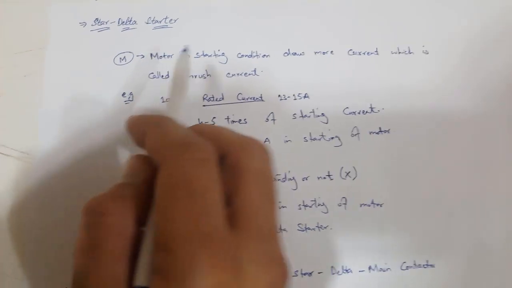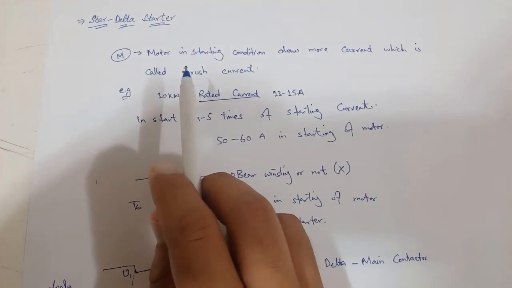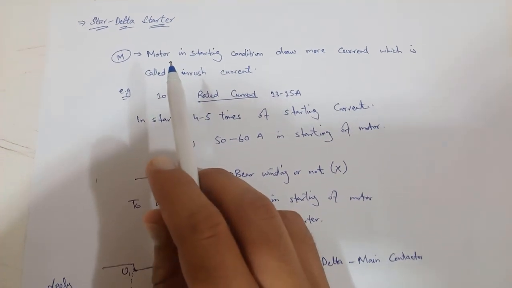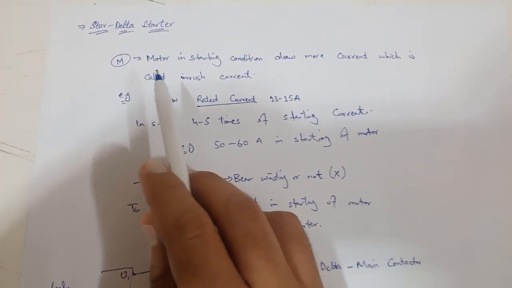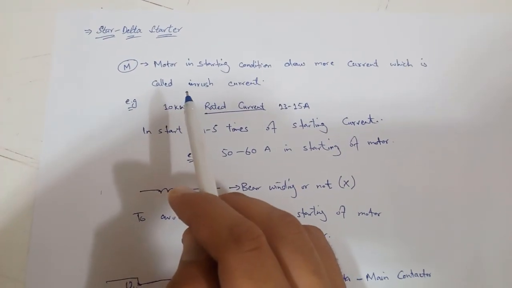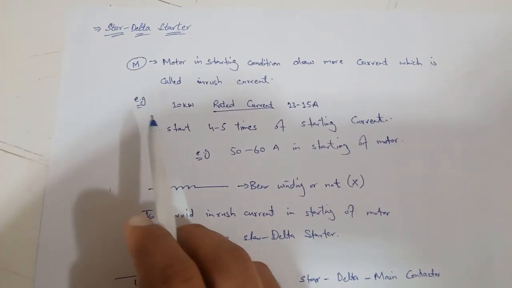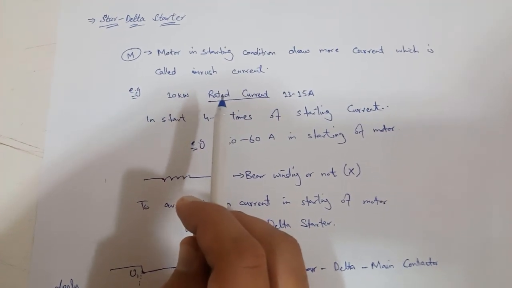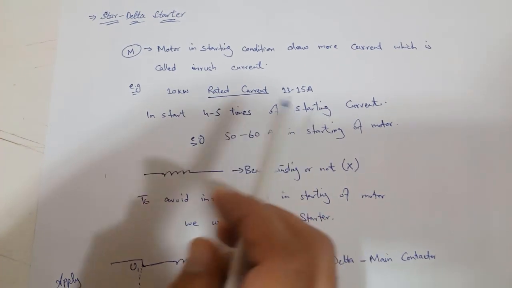Star delta starter. As we know, in starting, the motor draws more current, and that current we call inrush current. So you see here, the motor in starting condition draws more current, which is called inrush current. For example, we have a motor of 10 kilowatt and the rated current of that motor is 13 to 15 ampere.